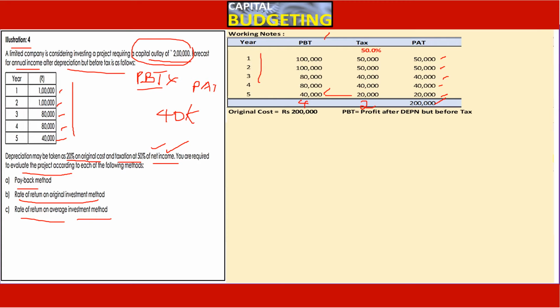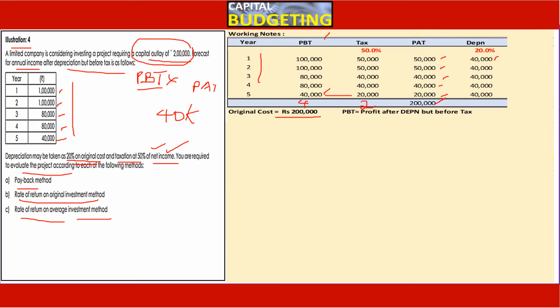We have understood one thing: from profit after tax, we have to add back non-cash expenses to find out how much cash was generated. Investment was 2 lakhs. We agreed on 20% depreciation on a straight line method. 20% of the original cost of 2 lakhs is 40,000.